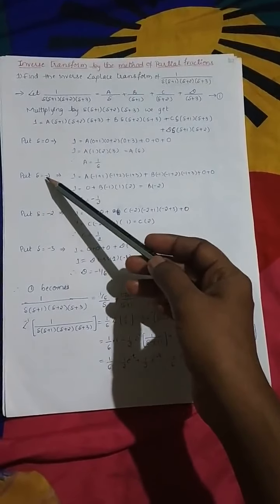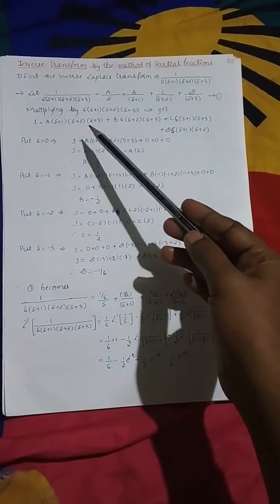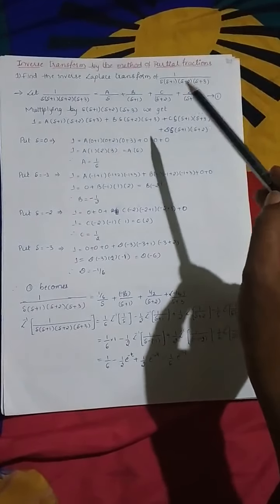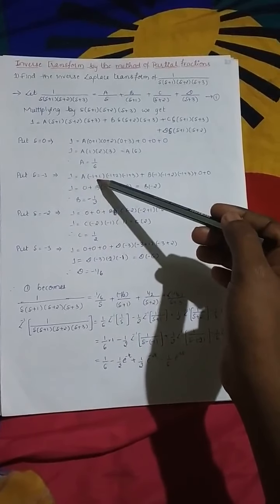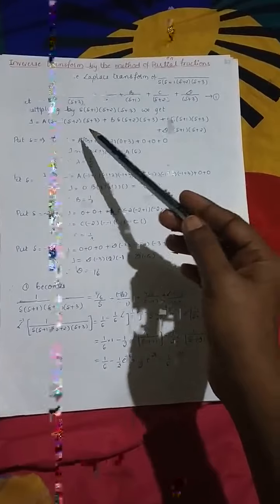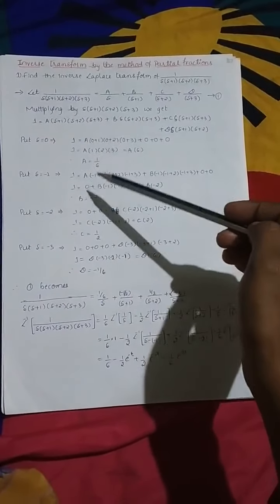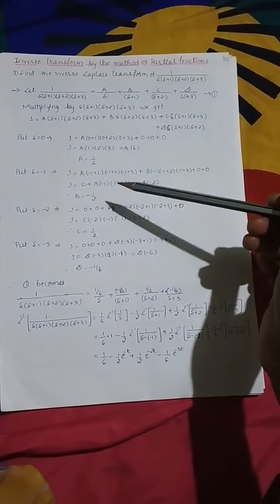Next, put s equals to minus 1. What we have to do is keep one term and make the other terms 0. To make the other terms 0, we substitute such values. Put s equals to minus 1: minus 1 plus 1 means 0, therefore the first term becomes 0, plus b into minus 1 into minus 1 plus 2 into minus 1 plus 3.